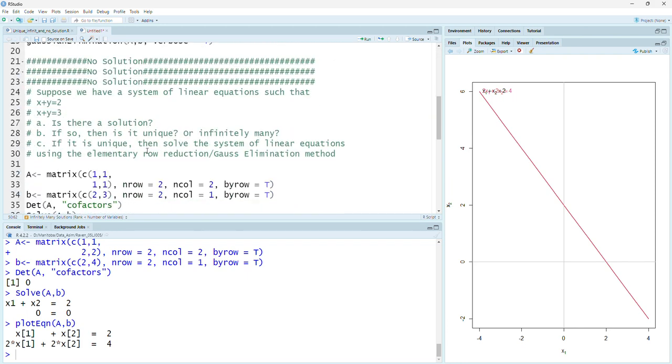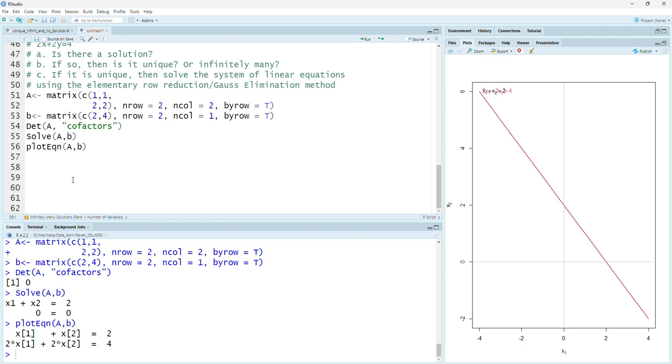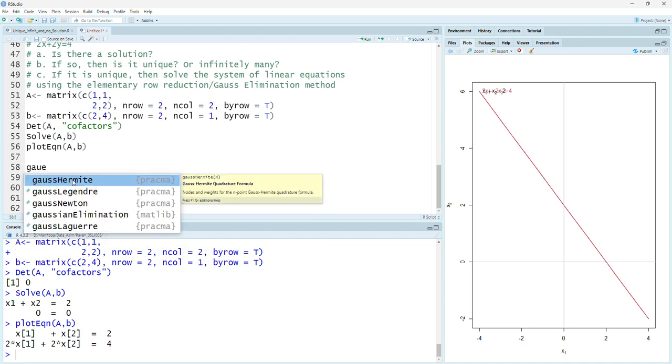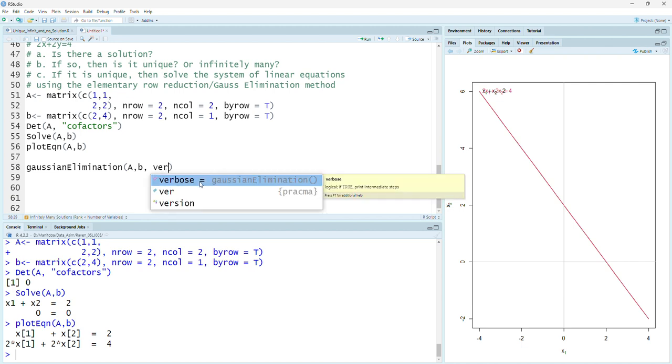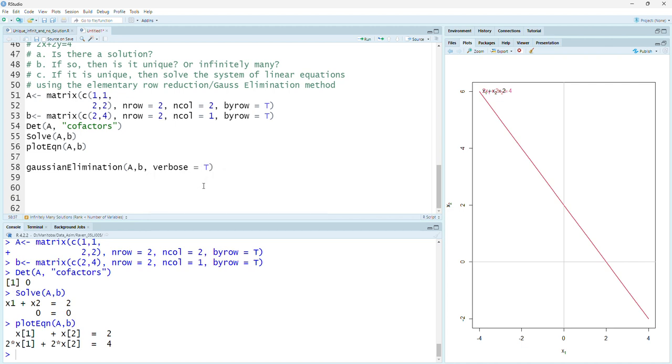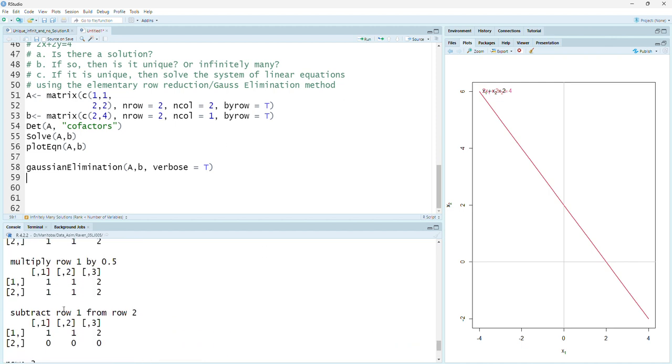Again, in the last part, if you ever want to get the row operations, just write Gauss elimination and write A, B, and this is equal to true. So you will get 0, 0, 0.